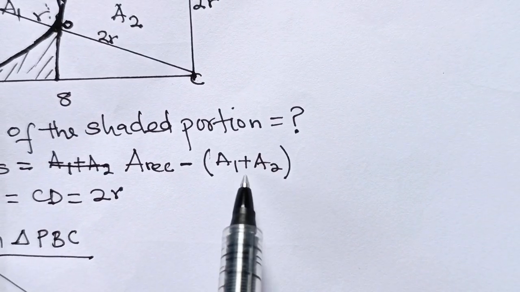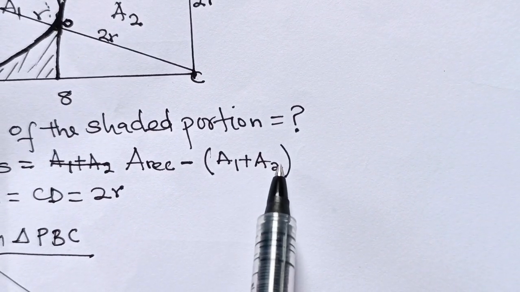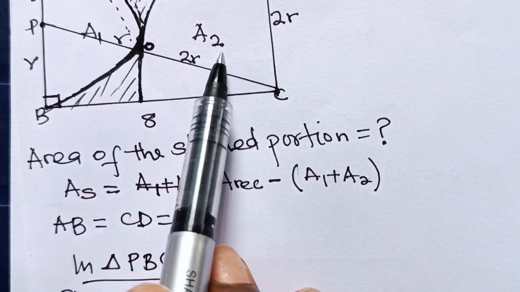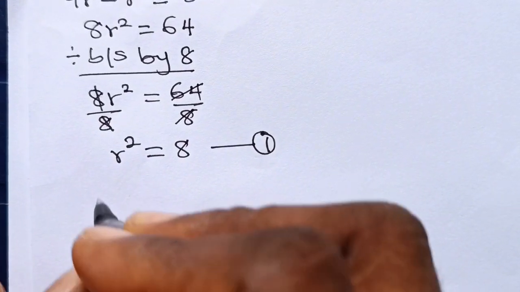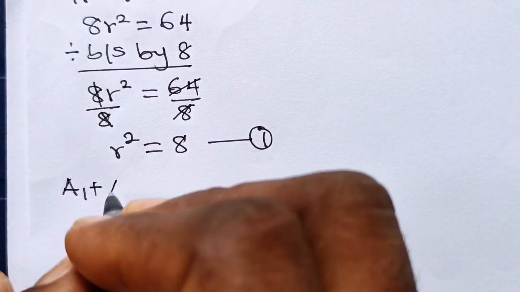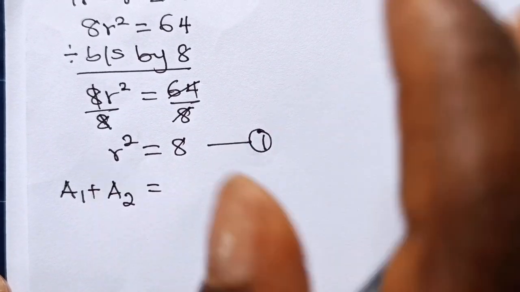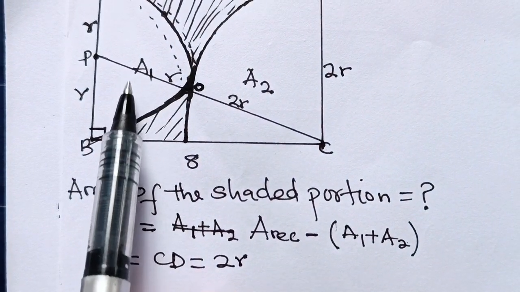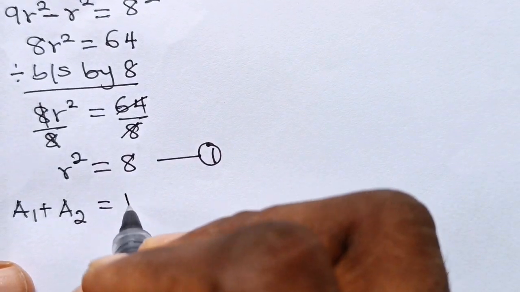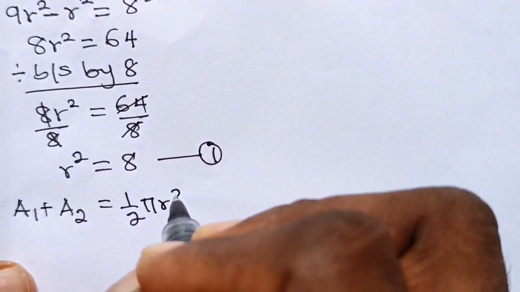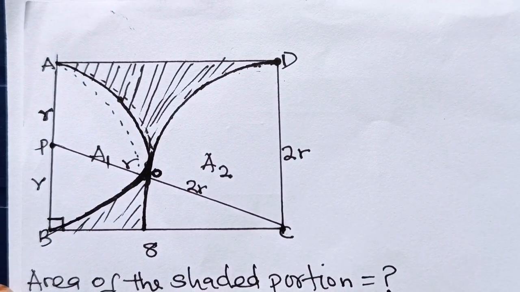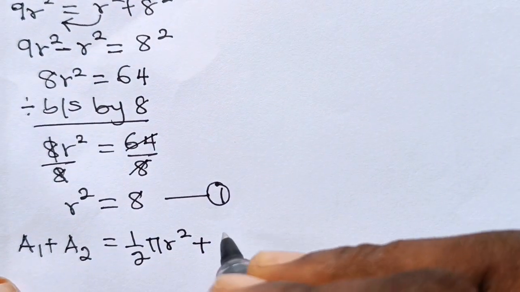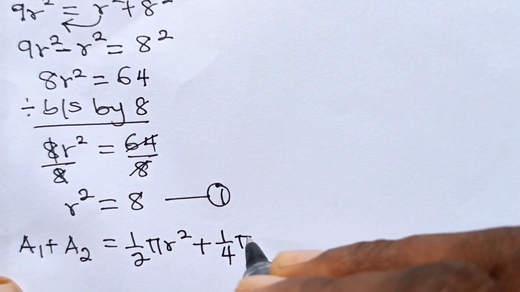Remember that we need A1 plus A2, right? So A1 plus A2, let's try to find it. A1 plus A2 is equal to, remember that A1 is a semicircle, so A1 is half pi r squared, okay, plus, now A2 is a quadrant, so A2 should be 1 over 4 pi.